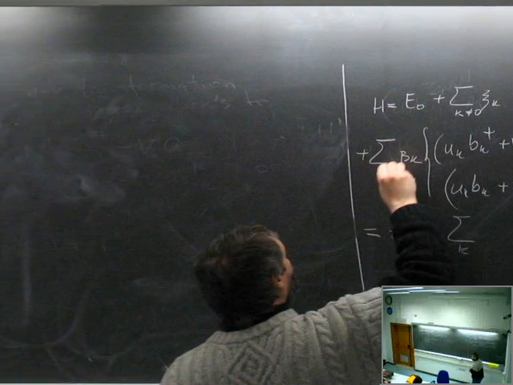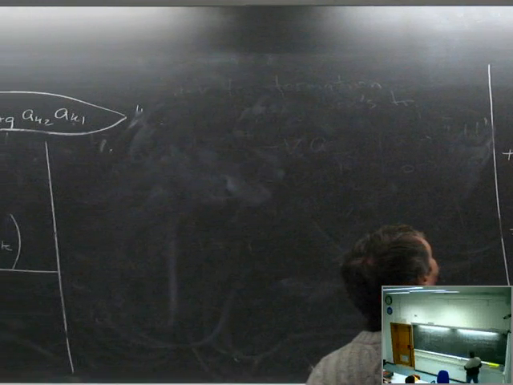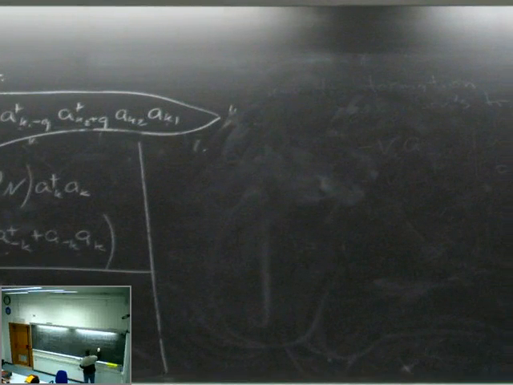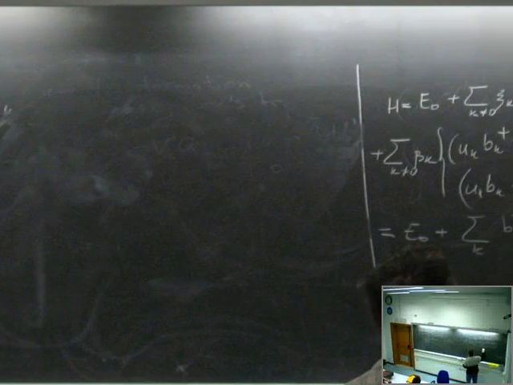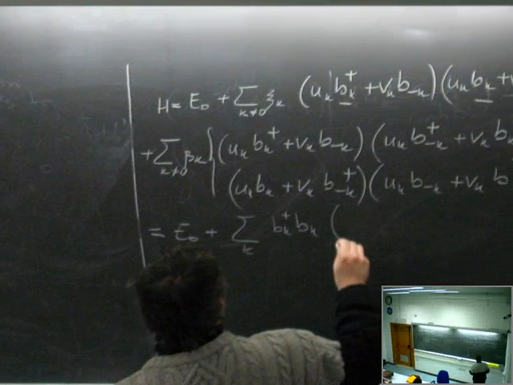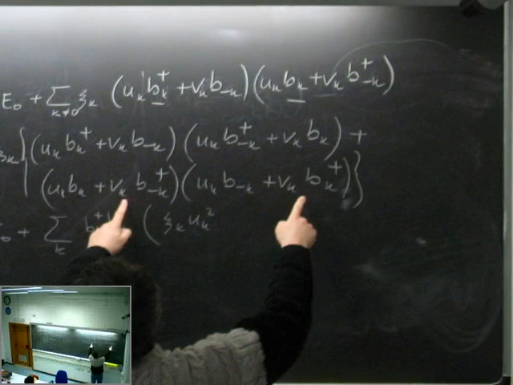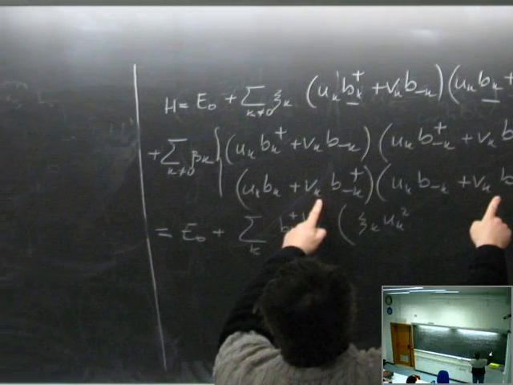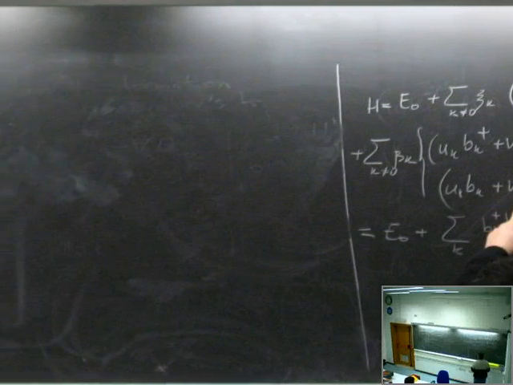Let me collect terms in front of BK dagger BK. This one. What do I have? I have psi K times UK square, right? From here. And I have UV once and UV twice, because I will replace K to minus K here.